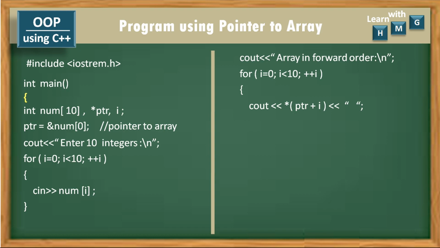So star ptr plus I represents the value of element I. Here the value of element I will be extracted and displayed on the screen one by one by this loop. Star ptr plus 0, star ptr plus 1, star ptr plus 2 and so on up to star ptr plus 9, a total of 10 elements will be displayed from 0 to 9, that is in forward direction.